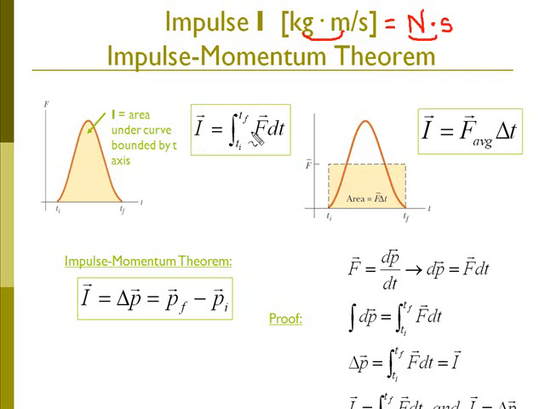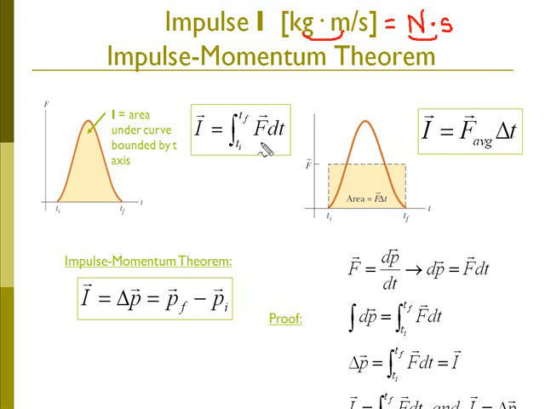Impulse is the product of force times time. And here in this integral form, what we are referring to is the force at every instant in time that is exerted on an object for the amount of time that the force is in contact with the object. We can also define impulse as the average force that is exerted on an object multiplied by the time interval of that contact time.